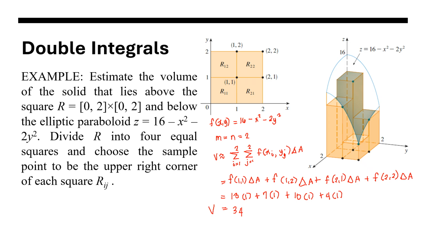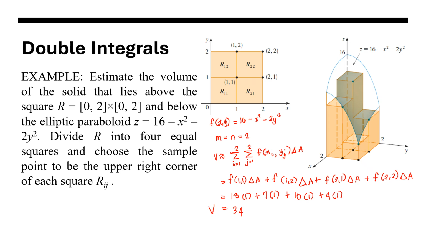If you can see, we only have four rectangles, but the volume under the elliptic paraboloid and above the rectangles is dependent on the number of rectangles that you are creating.